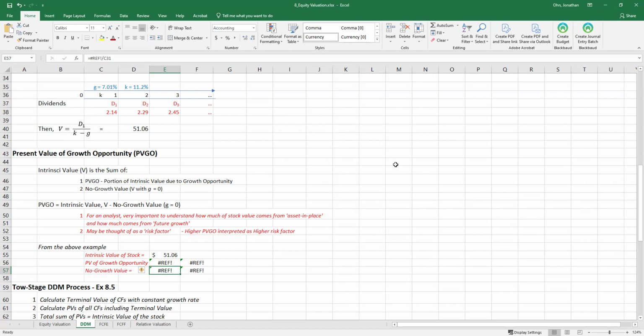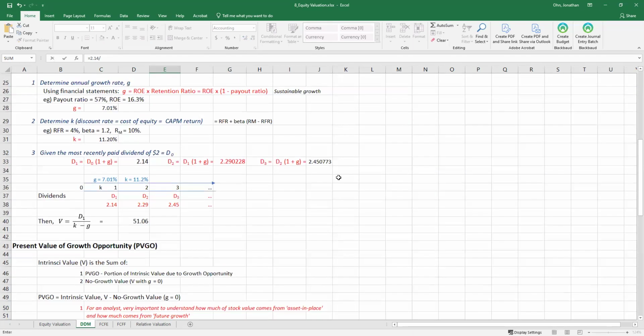So what you do is $2.14, that's D1, divided by K minus 0, where K is 11.2%.